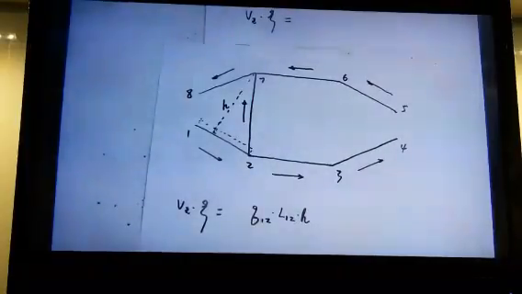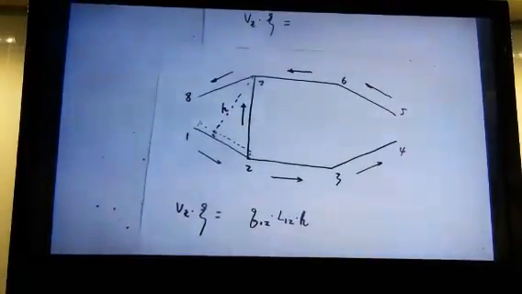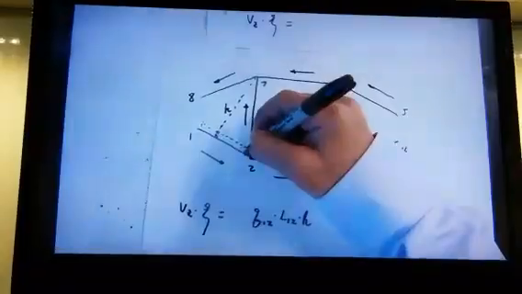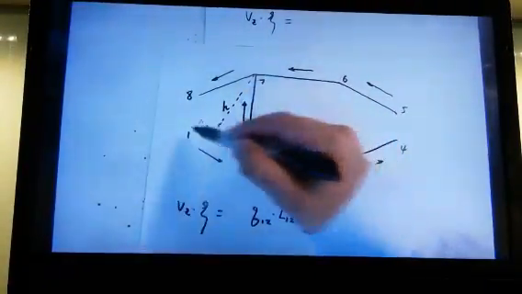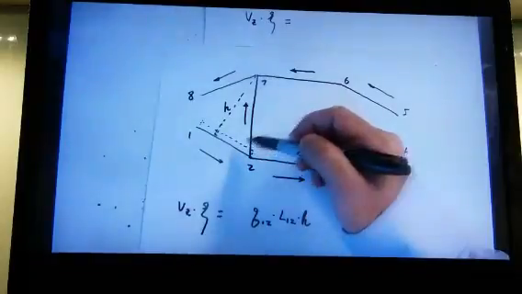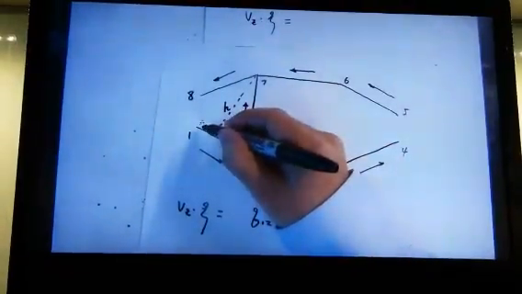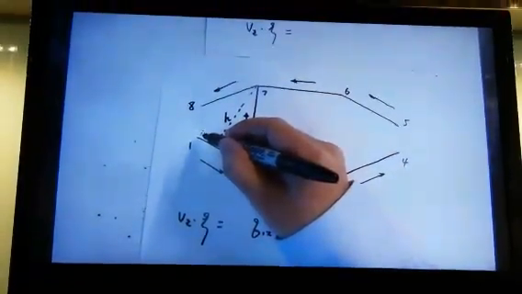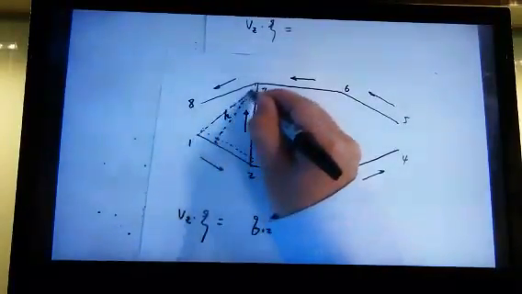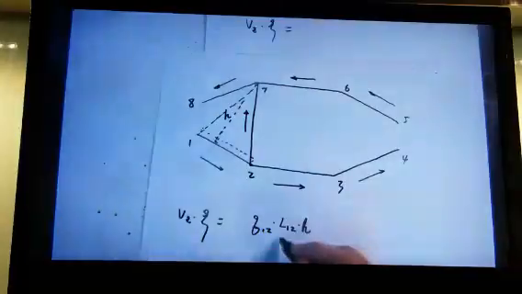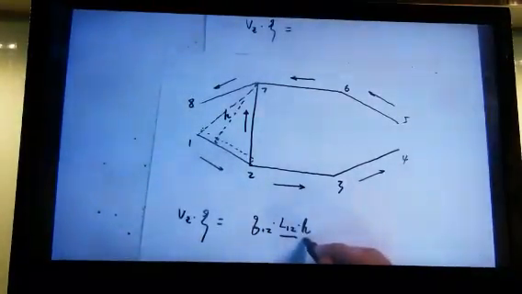And then let's look, what is this? This is the length from 1 to 2 times the height from point 7 to edge 1, 2. Actually, this is twice the area of the triangle 1, 2, 7. Can you imagine that? If we put a triangle here, right? Edge length times the height.